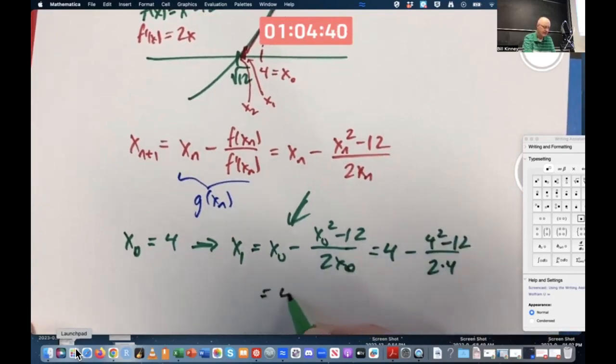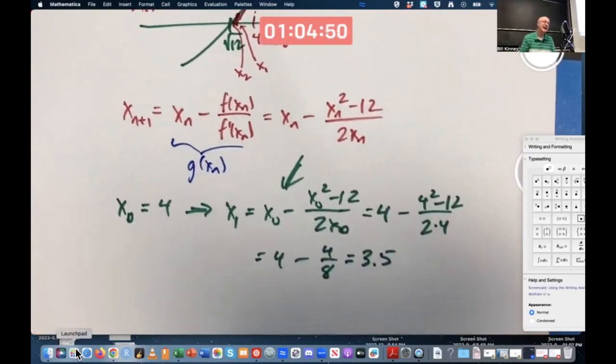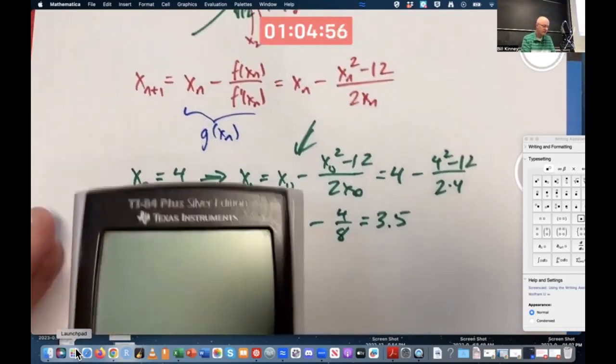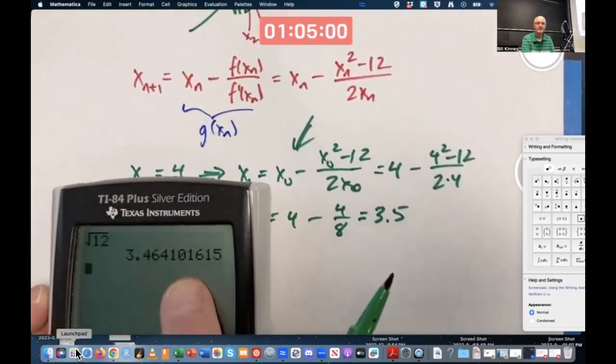Simplify. That's 4 minus 4 squared, 16 minus 12 is 4. 2 times 4 is 8. 3.5 is what I get for the next value of x. Is 3.5 close to the square root of 12? Well, it's certainly closer than 4 is.